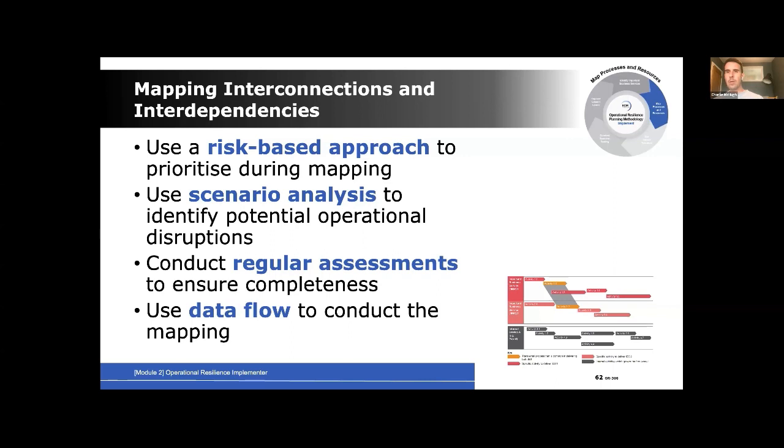So from an Operational Resilience perspective, at the moment the program is trying to take more of a risk-based approach to that mapping, given the tight timeframes they're working to. The level of detail you can go to when mapping these resources is almost infinite, because you can go down to task-level details, particularly for services or processes that are outsourced.